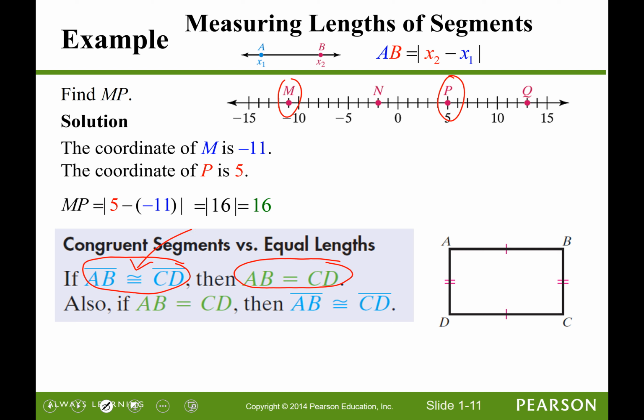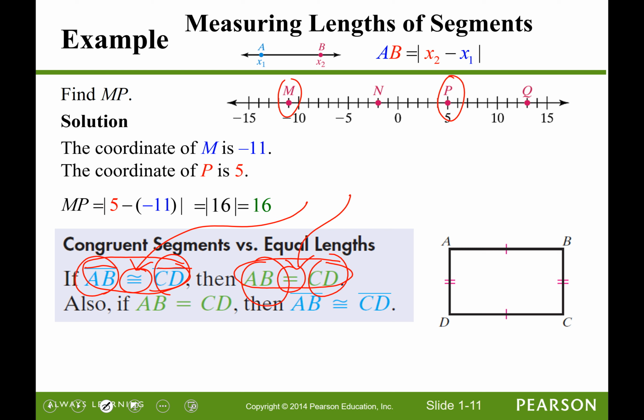This equal sign has a congruent symbol over it, and it's noting that it's the segment. So two segments can be congruent, but it's their lengths that can be equal, right? Let me say that one more time. It's two segments that can be congruent, but it is their lengths that can be equal.